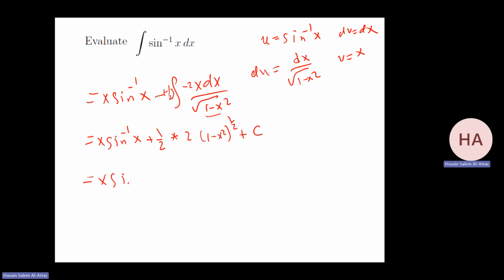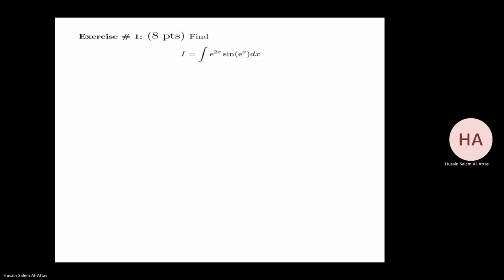That will be x sine inverse of x plus square root of 1 minus x squared plus c. I think we did something similar: we take I, then return it back. I will leave it for you.